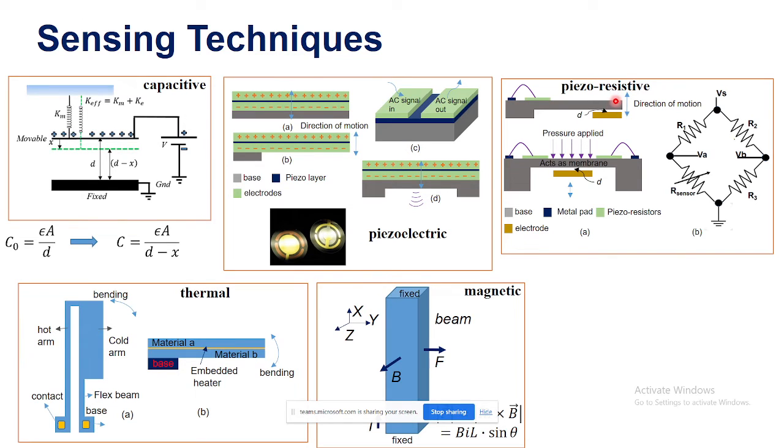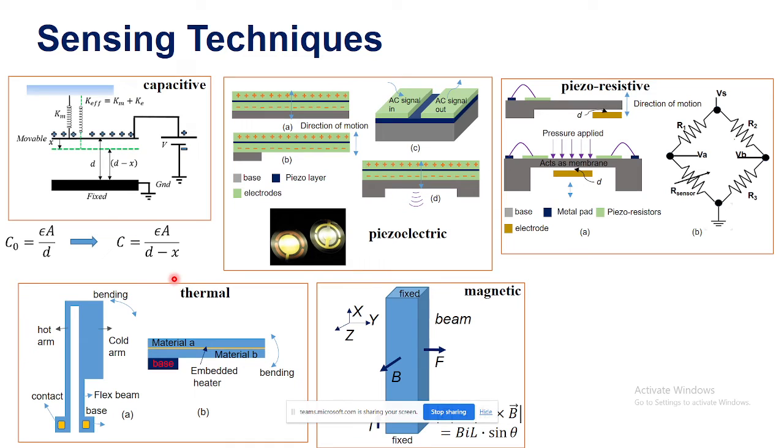When those molecules are deposited on top of this, its effective mass will change from, let's say, 1 nanogram to 2 nanograms. Because of that mass change, the cantilever will bend down by a little amount, let's say a few microns, and therefore there will be a change in the resistance and a change in capacitance. So very precisely, nowadays we are able to detect very small quantities.